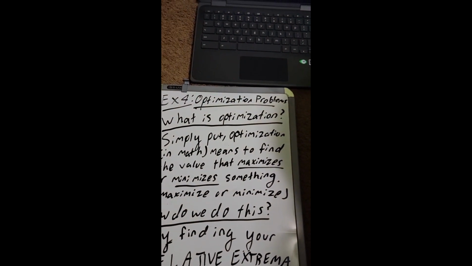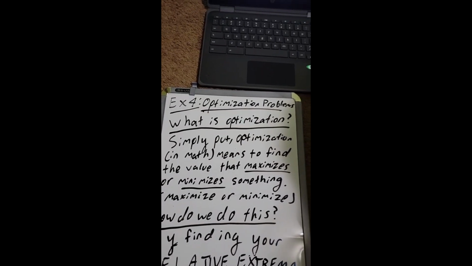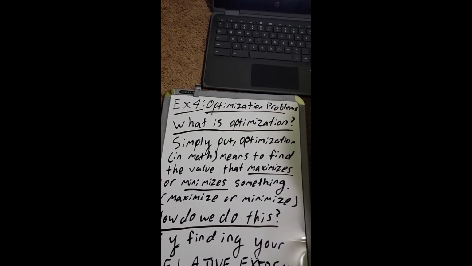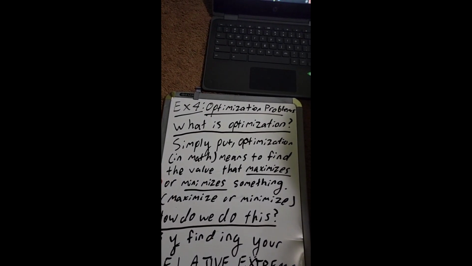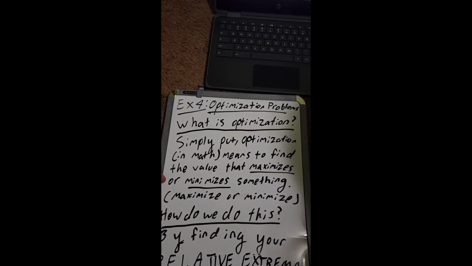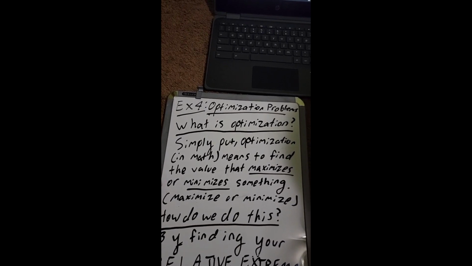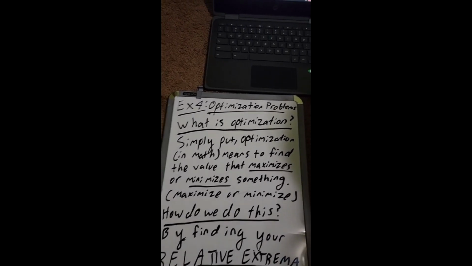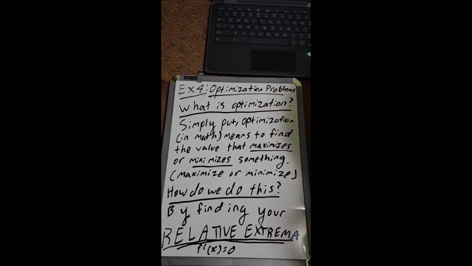So, what is optimization? Simply put, optimization in math means to find the value that maximizes or minimizes something. To do either means to maximize or minimize, but both are considered optimization. So, how do we do this?